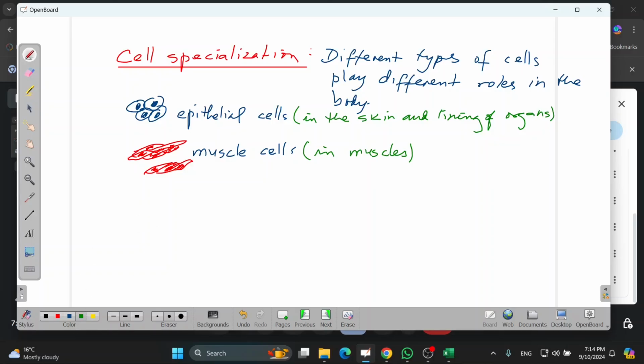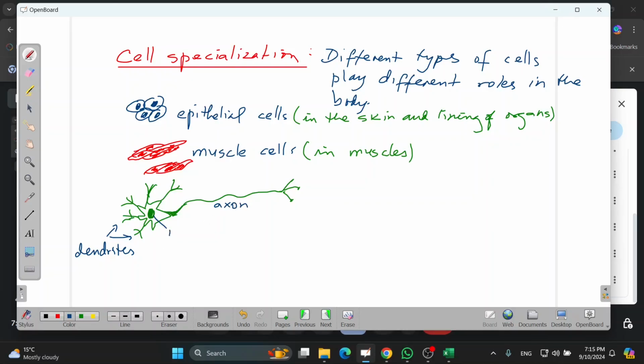Then we have neurons. One neuron may look like this. This is the nucleus. And then these are kind of branches that we call dendrites. It may have a long tail like this one, and that kind of tail is called the axon.